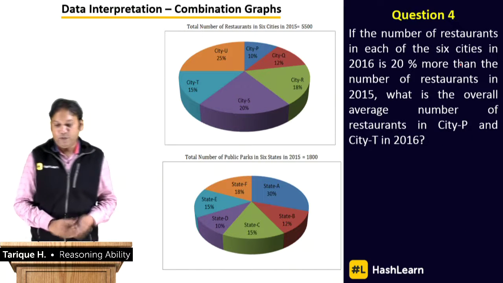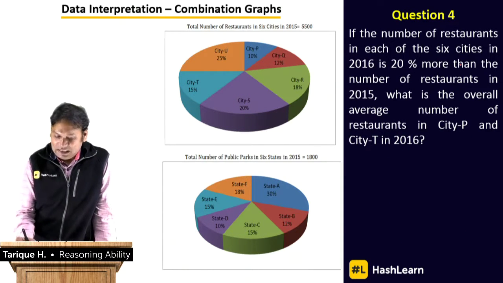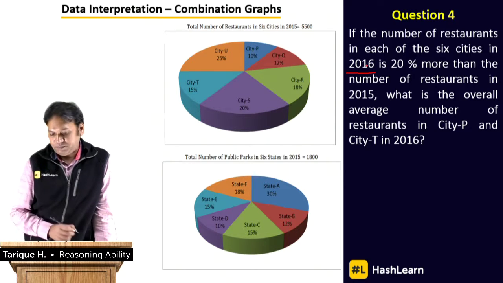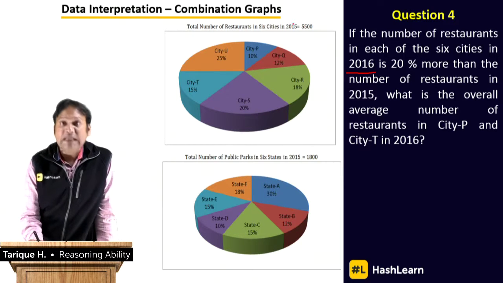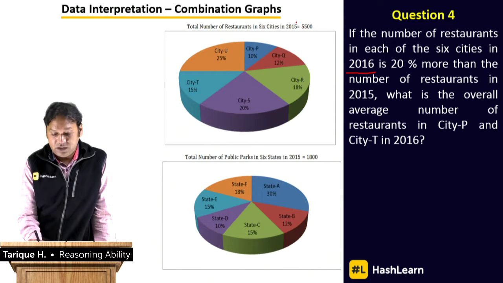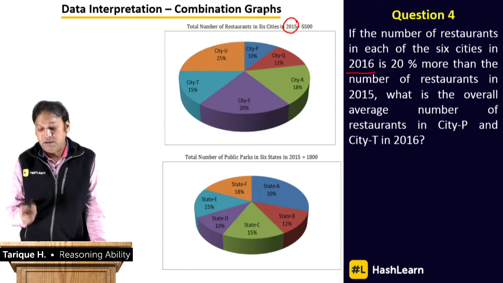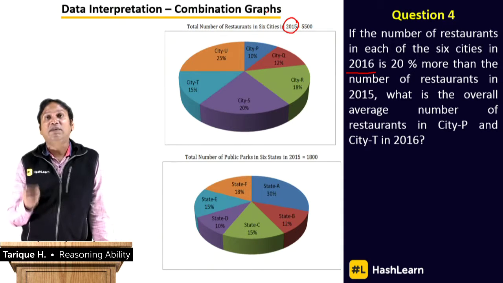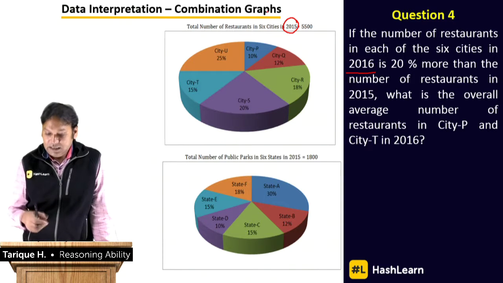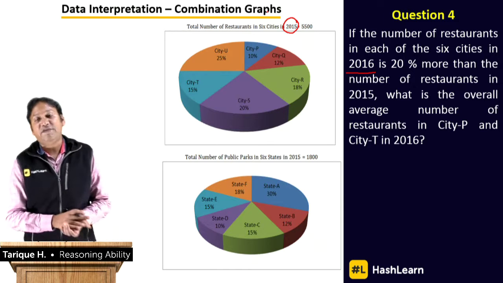Let's look at question number 4. If the number of restaurants in each of the 6 cities in 2016, now remember that the data given to you right now here in the question is for which year? It is for the year 2015. And in the question, what are we asking? If the number of restaurants in each of the 6 cities in 2016 is 20% more than the number of restaurants in 2015.